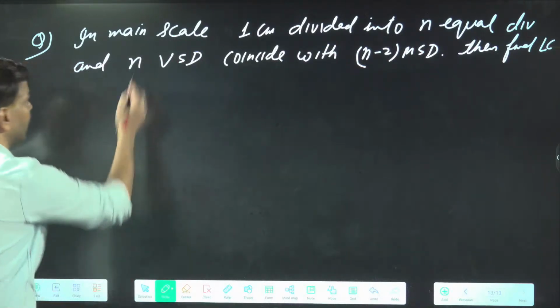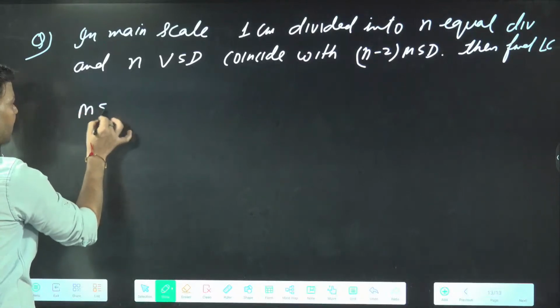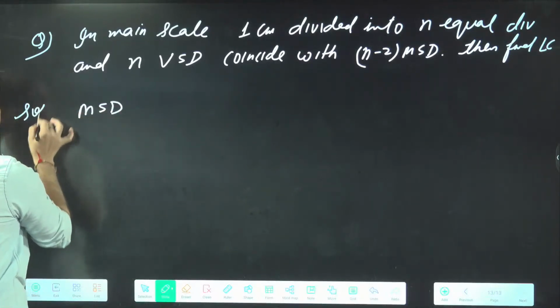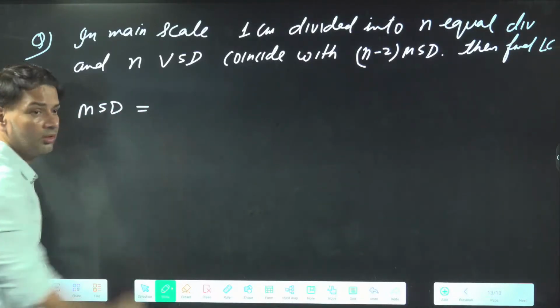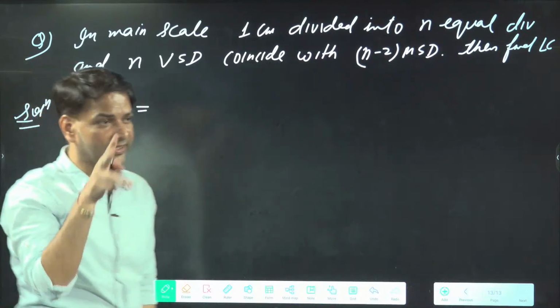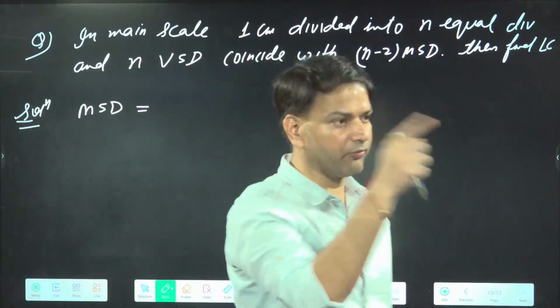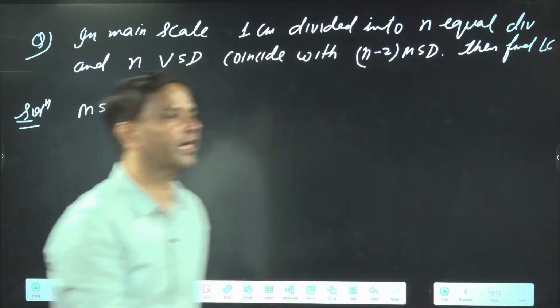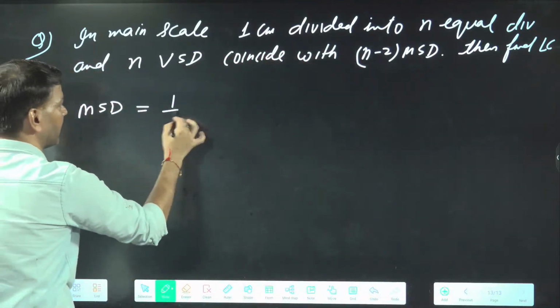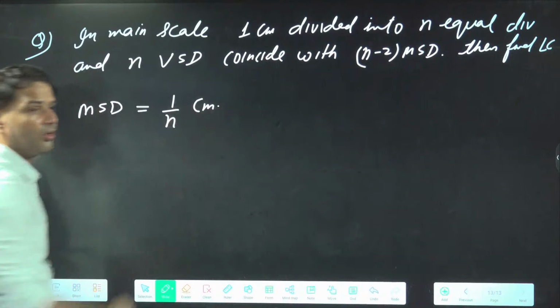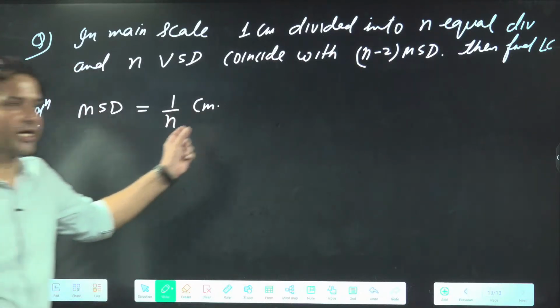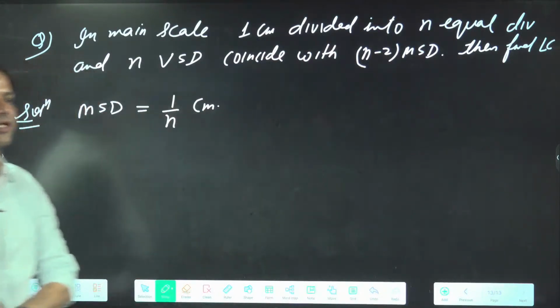Okay, so here 1 centimeter, we can say MSD is what? MSD is equal to 1 centimeter divided into n parts. So each part will be 1 by n centimeter. So we can say MSD is equal to what? 1 by n centimeter. Okay. Now for the VSD they gave the data. n VSD coincide with n minus 2 MSD.